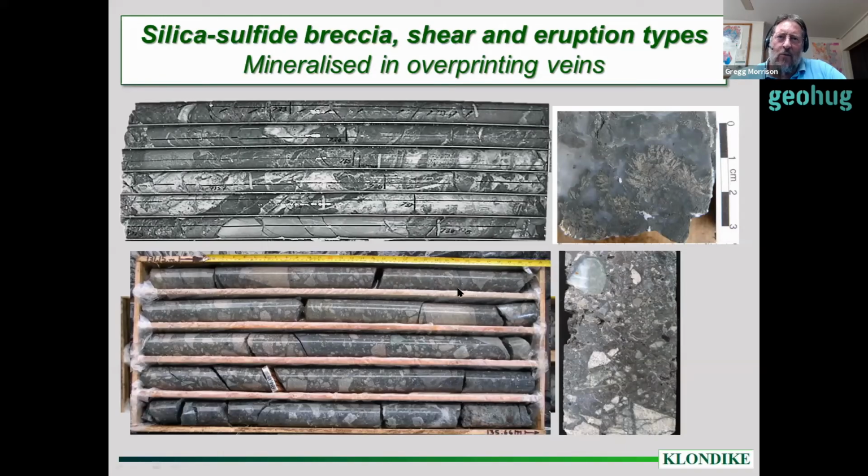And here with silica and illite alteration, but still have a silica-sulfide matrix. So this matrix and that matrix can be quite similar, but the form of the breccia, this one's tectonic and this one's hydrothermal.